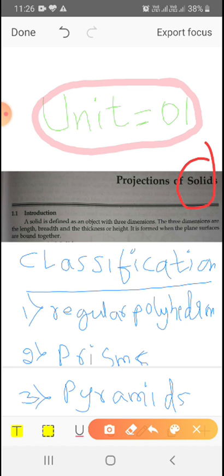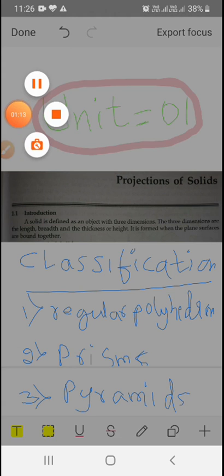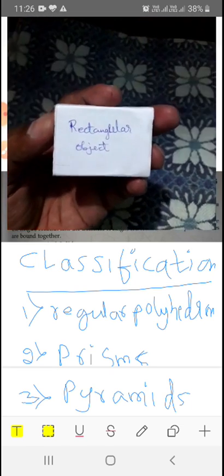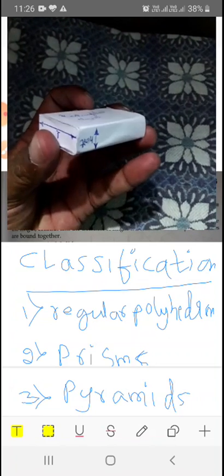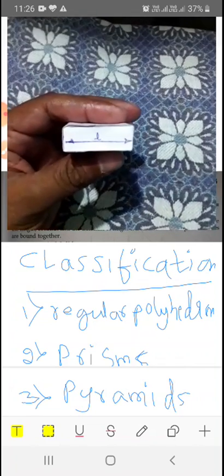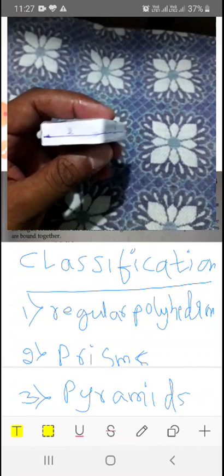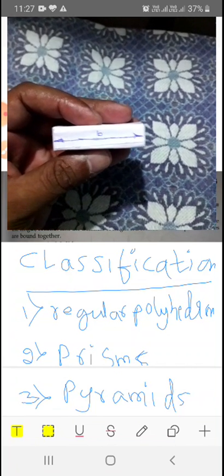Here I would like to show one simple example. Here you can see this rectangular object. This rectangular object is a solid. It has length, that is L, and this is the breadth B of the rectangular object, and this is the thickness or the height of the object.